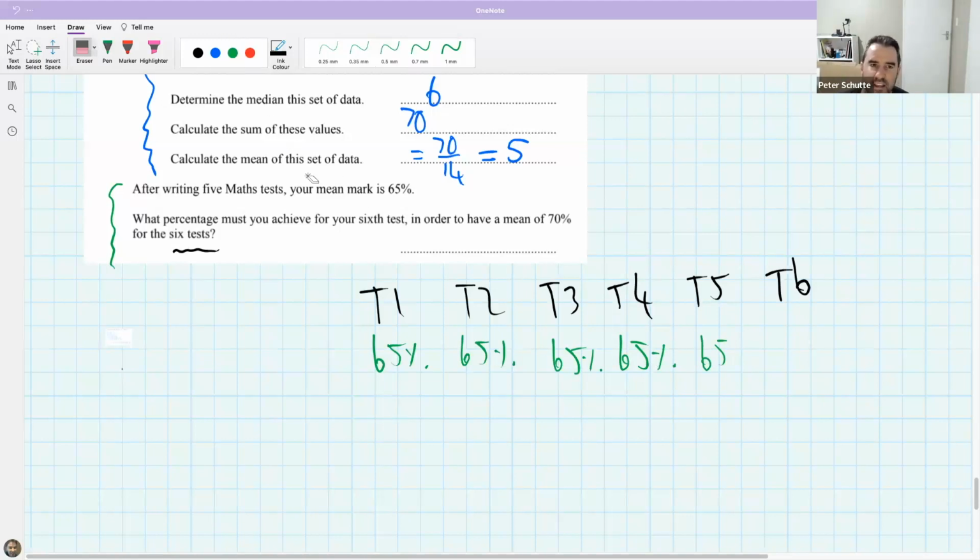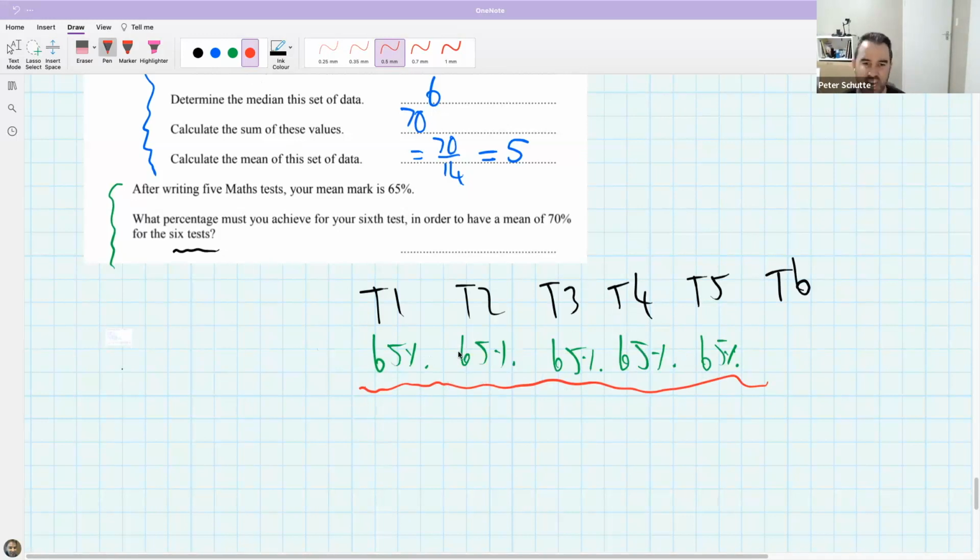So maybe, let's put it this way. If we say 65%, give me a thumbs up if you agree that if the average for 5 tests was 65. I like where you're going, Cass. Before we do that, give me a thumbs up if you agree that if you wrote 5 tests, you got 65% for each of them.